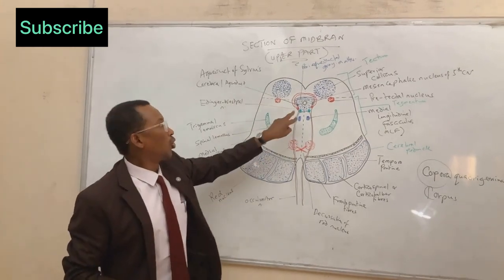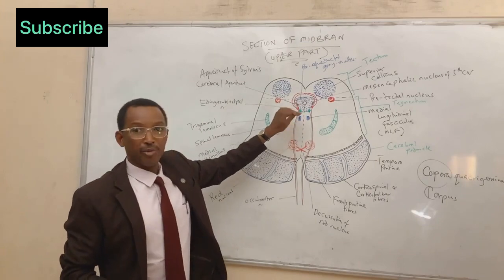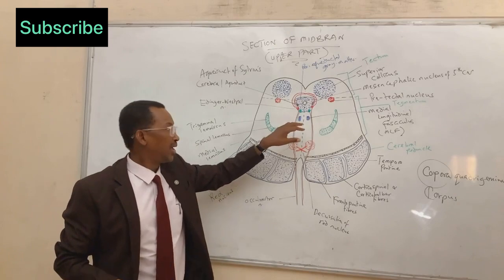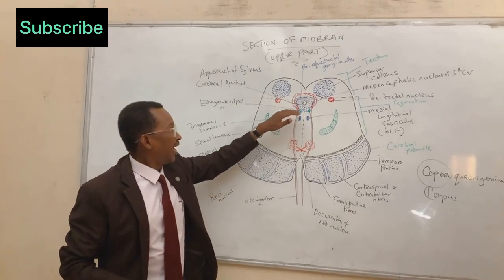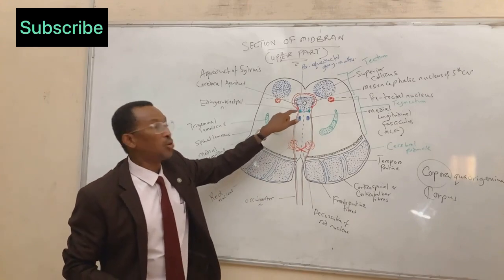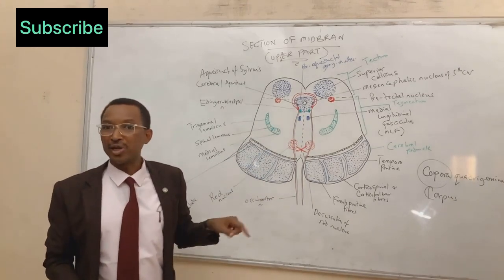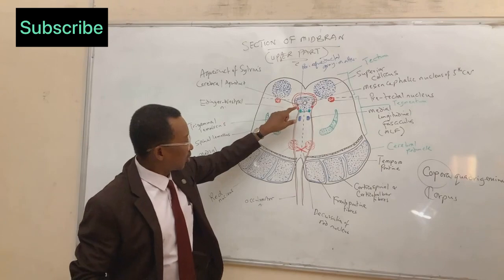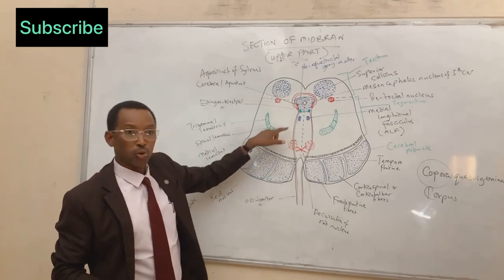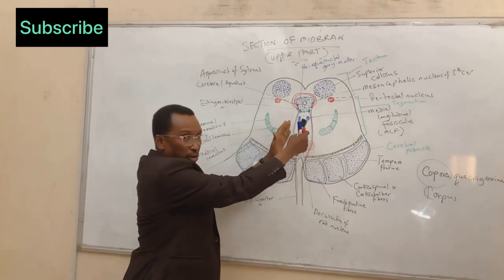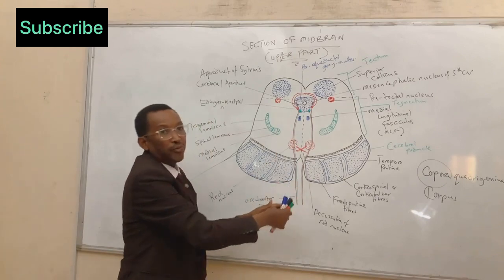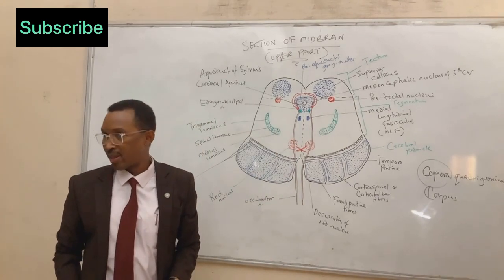It is at the level of the superior colliculi, just anterior to the periaqueductal gray matter. The axons of this motor nucleus pass forward until they come out of the interpeduncular fossa. Are you clear?